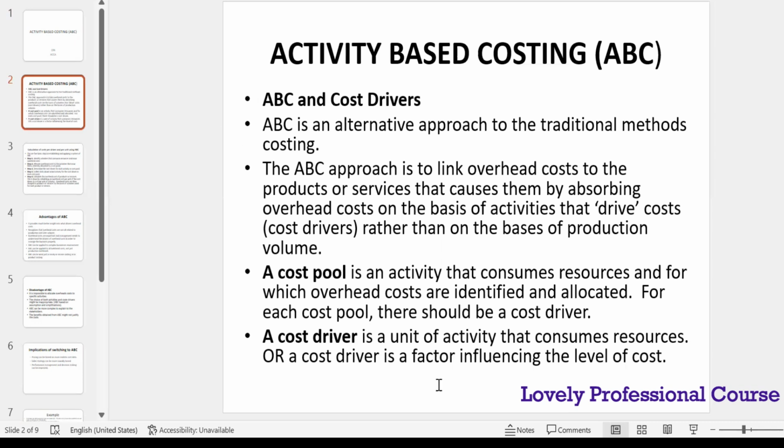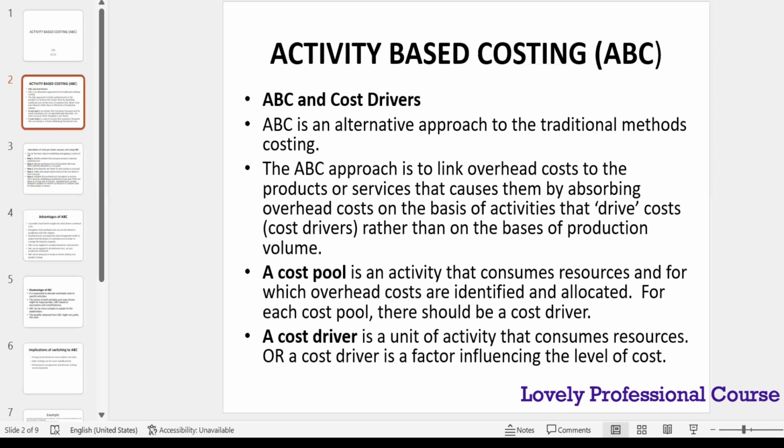Now, what I want you to know is this. The ideas behind activity-based costing are these. First idea: activities cause cost. You have to know that. The second idea: producing products creates demand for the activities.